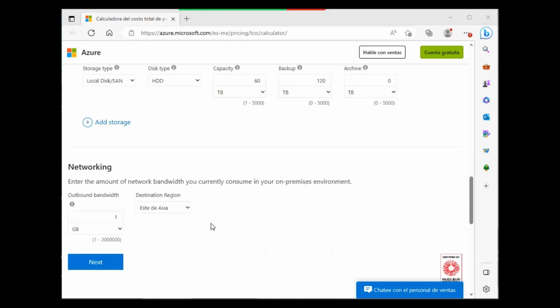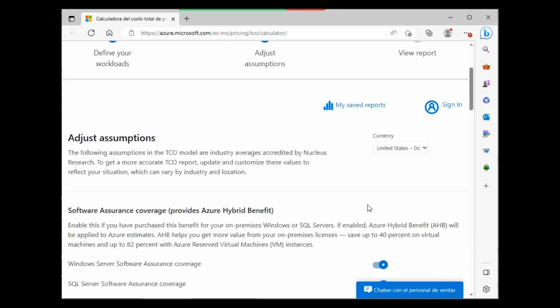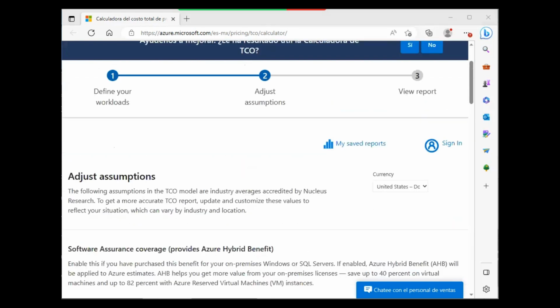Network: set outbound bandwidth to 15 terabytes. Select next.